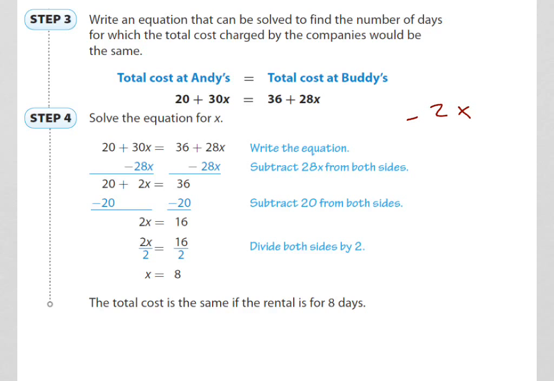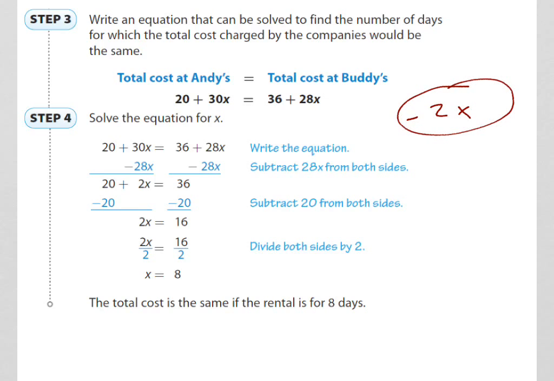So we want you to think about always looking at the smallest variable coefficient and taking it over to the larger one to eliminate the negative coefficient here. So in this particular case, we're going to subtract 28 from the right and subtract 28 from the left.